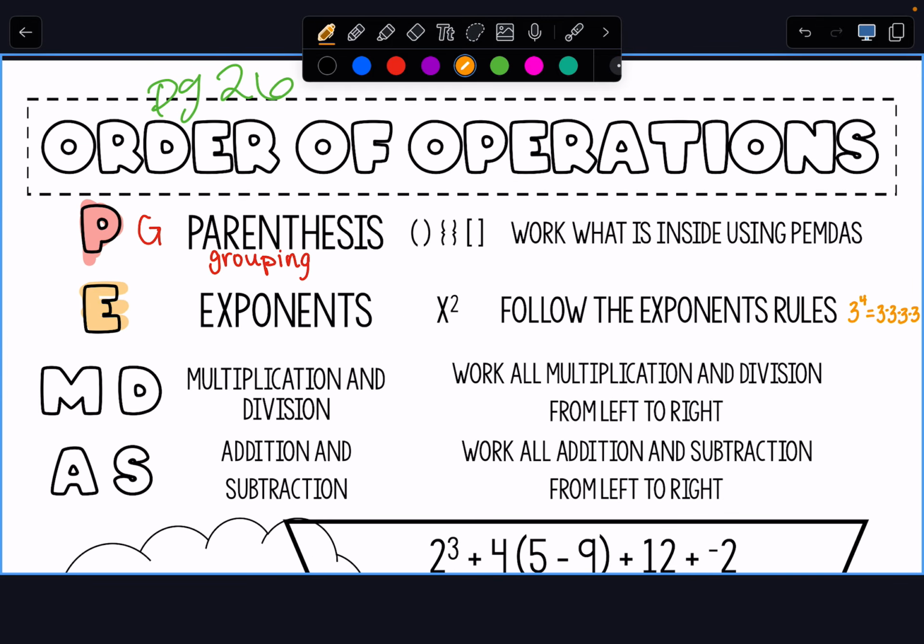All right. Next, we have multiplication and division. Now, why are they right next to each other?